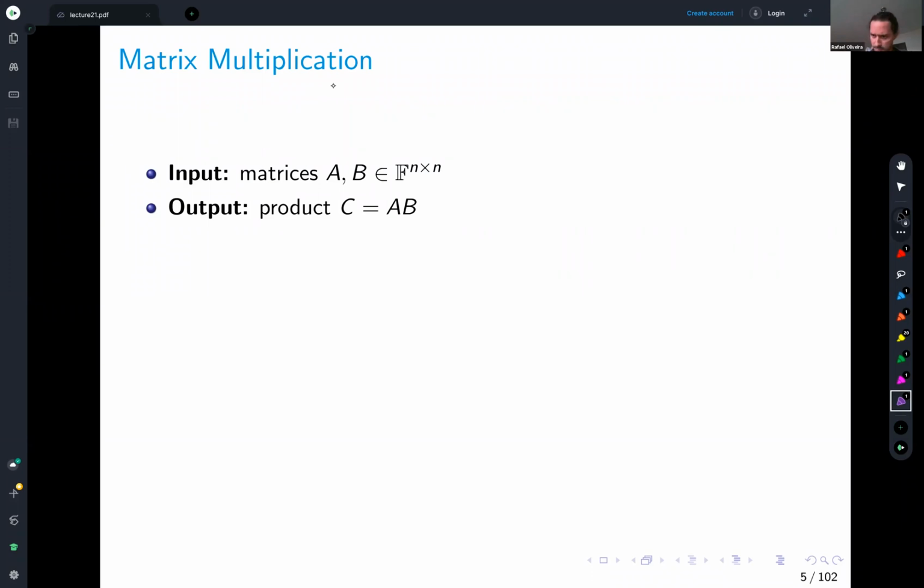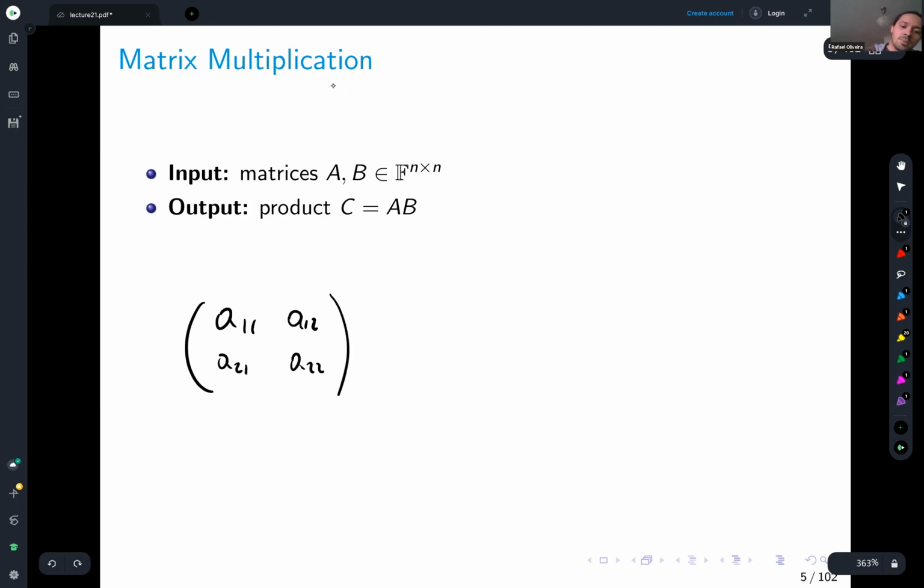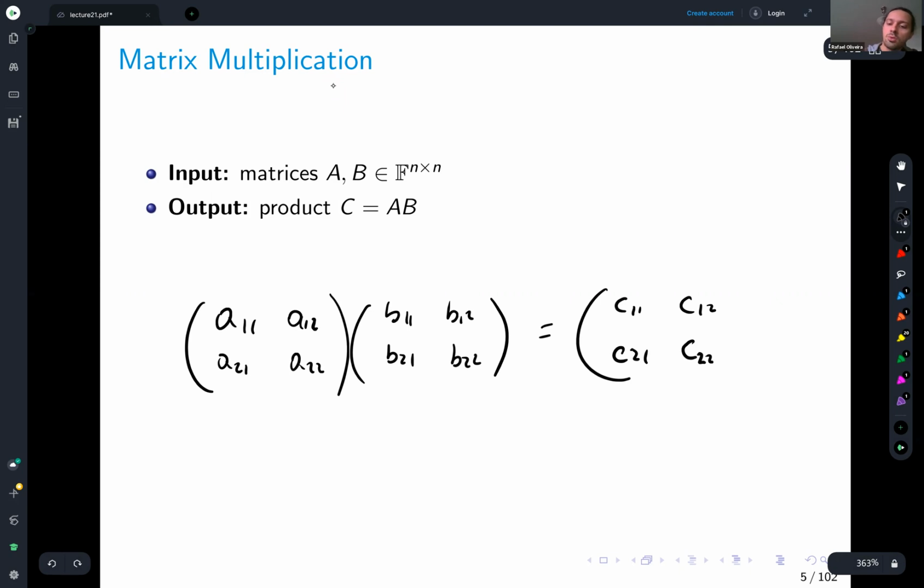So if you think about it, if I take a matrix A1,1, A1,2, A2,1, A2,2, and I multiply it by a matrix B1,1, B1,2, B2,1, B2,2, what I want to compute is this matrix C11, C12, C21, C22.